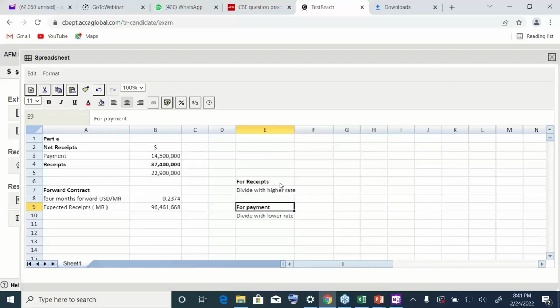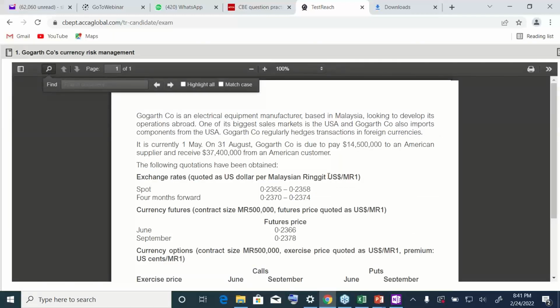And for multiplication, it is opposite. Do not think in terms of the counter currency. The rate is dollar over MR, and the foreign currency is also in dollars.